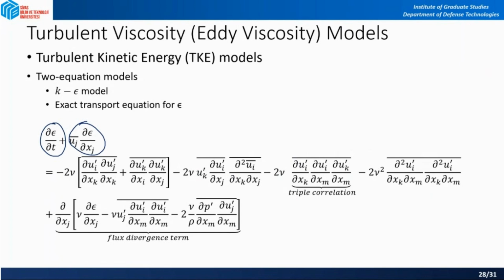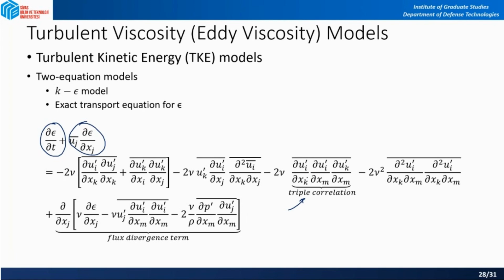You have triple correlations, for example, as you can see in here, of fluctuating velocity gradients. The energy dissipation physically occurs at the smallest length scales, and we know that the amount of this dissipation, meaning how much energy is going to be lost, is determined by the larger scales because that is where it is generated.